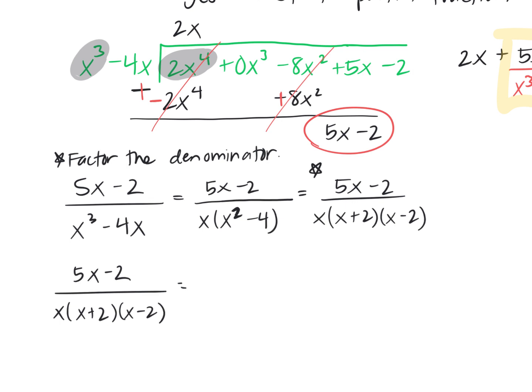Okay, now what we're going to do is split this up into the number of factors that I have in the denominator. How many factors do I have here? I have 3, so I have 3 fractions. In one fraction, I'm going to have x as my denominator. The second fraction, I'll have x plus 2. And the last fraction, I'll have x minus 2.